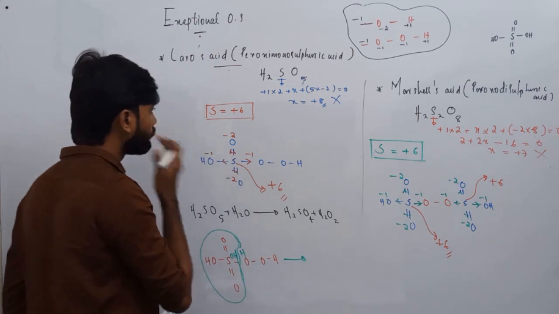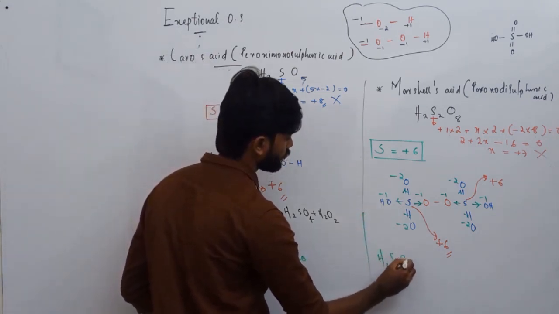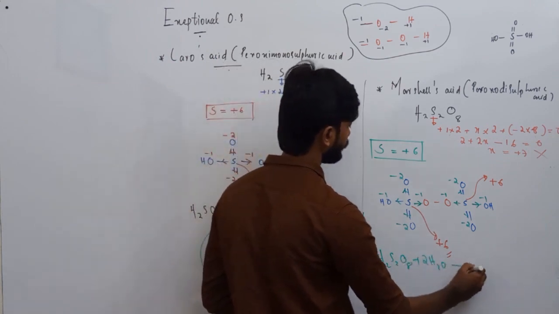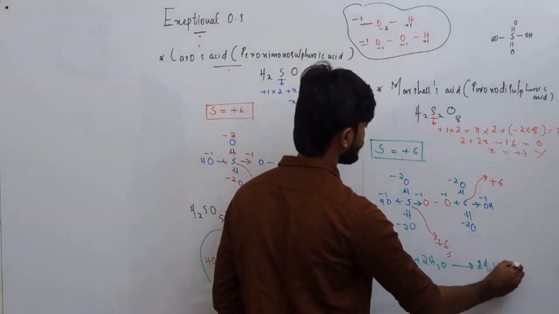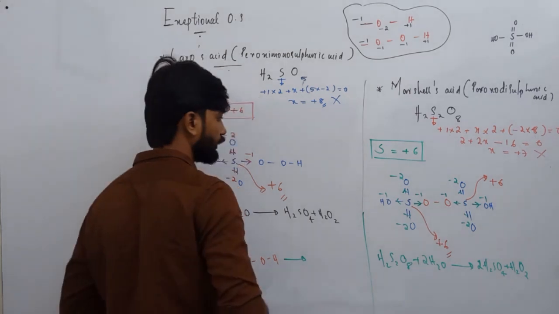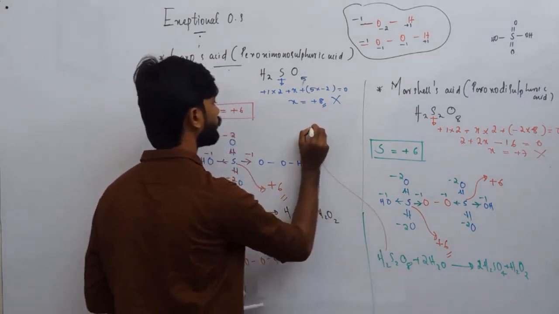Okay. And this Marshall's acid, H2S2O8, on hydrolysis using 2 moles of water, becomes 2 moles of sulfuric acid plus H2O2. And from the structure, it is clear how it becomes like that. Listen.